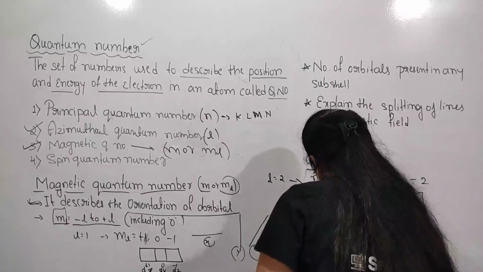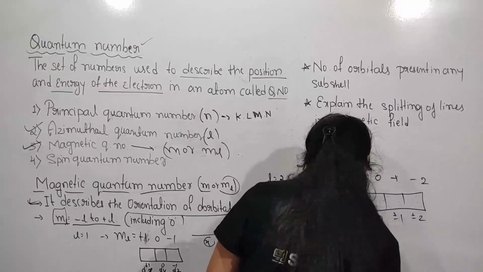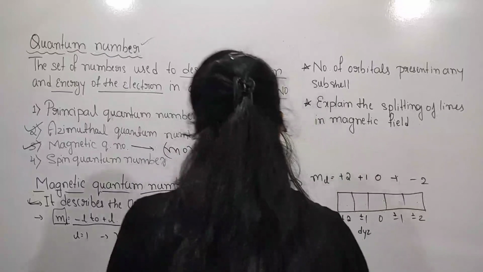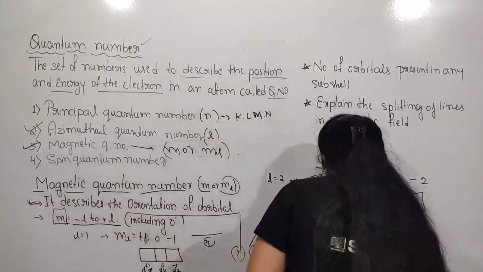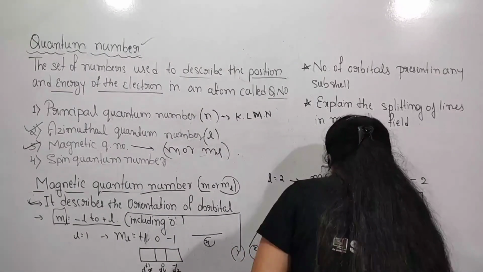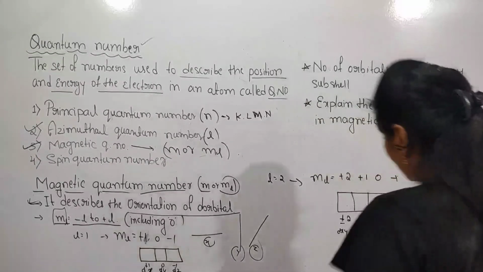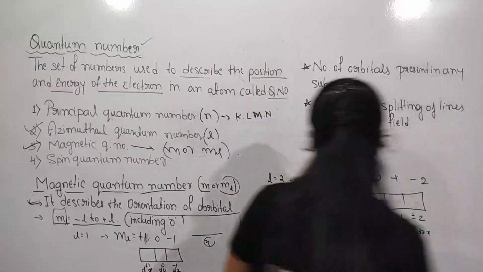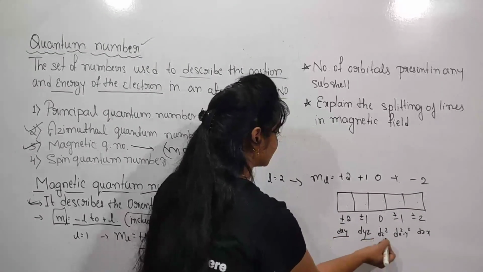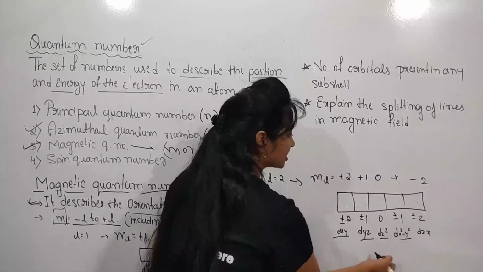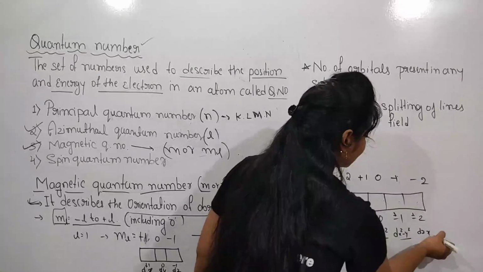So we have the orientations dxy, dyz, dz square, dx square minus y square, and dzx.